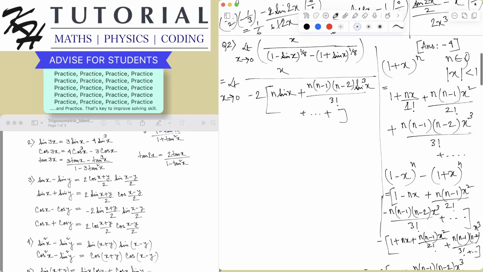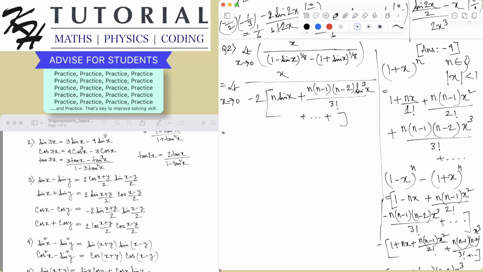Okay, now let's bring the x from the numerator. First of all, let's factor out minus half. So this is minus half limit x tending to 0.